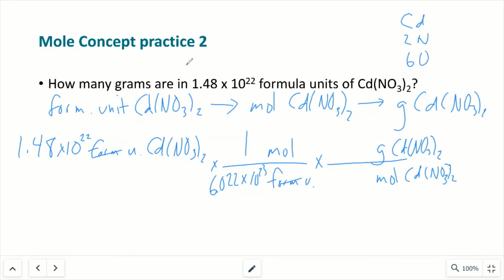Remember, the subscript of 2 there gets distributed over every element inside the parentheses. So I need 2 nitrogens and 6 oxygens as a result. Cadmium, element number 48, is 112.41. Nitrogen, element number 7, is 14.01, and there are 2 of them. Oxygen, number 8, is 16 grams per mole, and there are 6 of them.